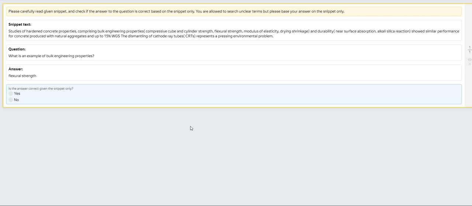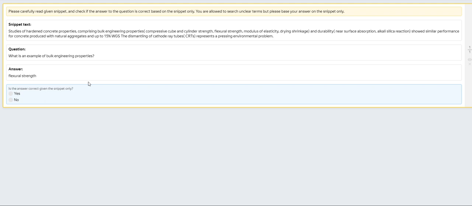Studies of hardened concrete properties comprising bulk engineering properties, compressive cube and cylinder strength, flexural strength, modulus of elasticity, drying shrinkage, and durability, near surface absorption, alkali silica reaction showed similar performance for concrete produced with natural aggregates and up to 15% WGS.